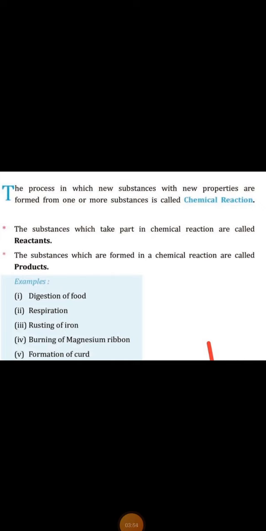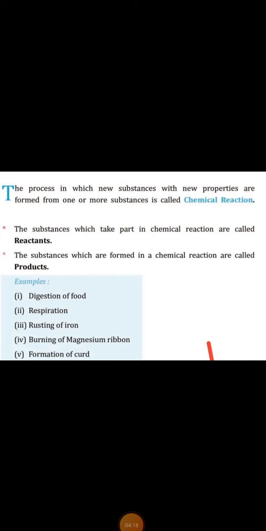For example, respiration, digestion of food, rusting of iron, burning of magnesium ribbon, formation of curd, formation of chapati, all these are chemical changes, because here you can't get the same product back. Chemical changes, as you all know, are irreversible.